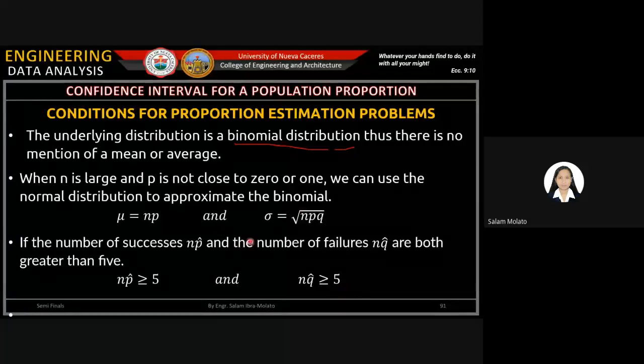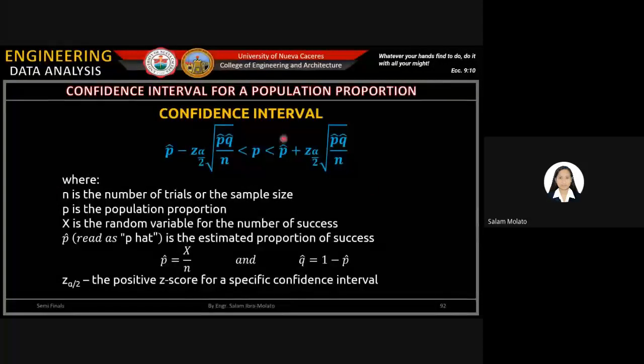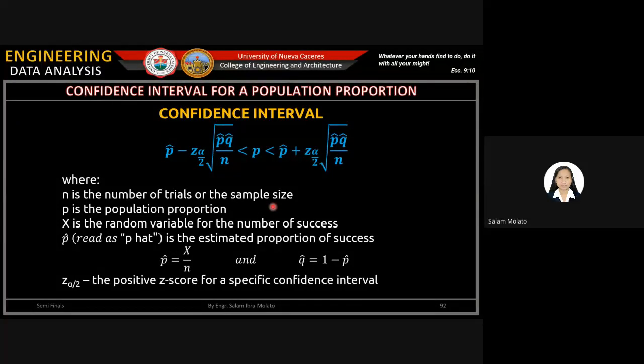So, yan lang po yung kailangan nating mga tingnan, no? So, alright. So, for confidence interval, magkakamukha lang po yan sila. No? So, kung makikita nyo, eto, again, in this case, eto po yung error na naman, di ba?